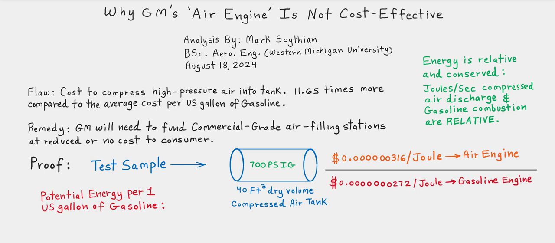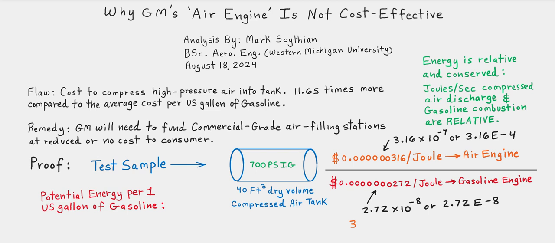To put these very tiny values into scientific notation, we get 3.16 times 10 to the negative 7th power dollars per joule, or 3.16 e to the negative 7. And these are restated as such. The cost per joule for gasoline is 2.72 times 10 to the negative 8th power, or 2.72 e to the negative 8.